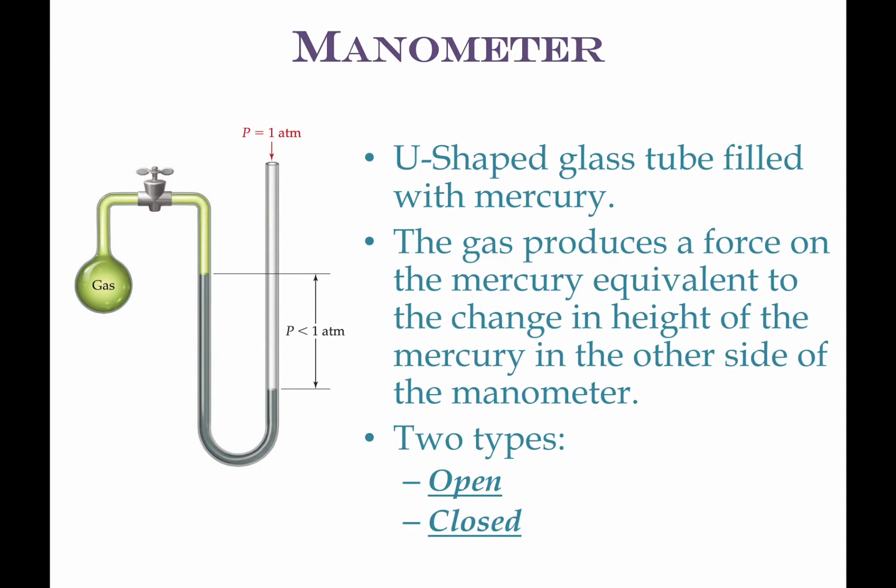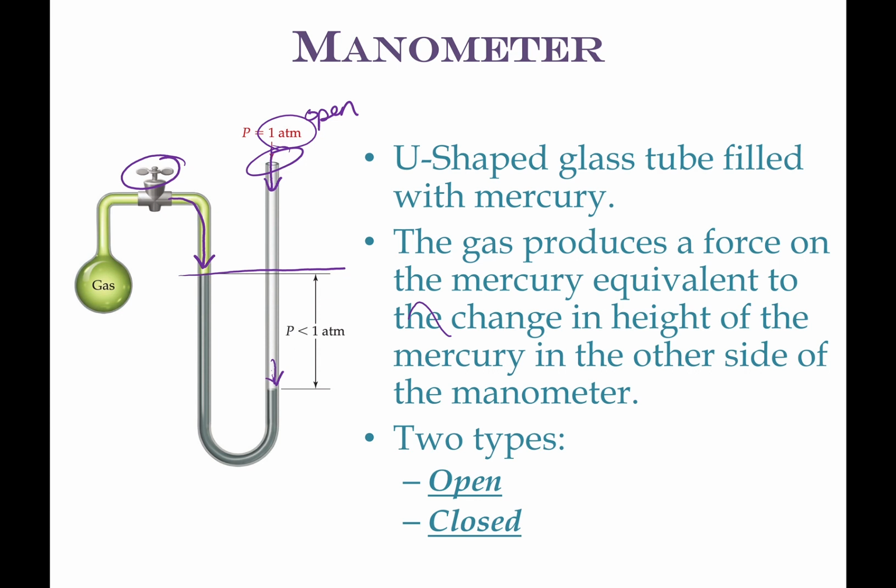This is a manometer. This is an open manometer because it's open to atmosphere. There's no vacuum here. It's not sealed. So the pressure of the atmosphere is pushing down here. Atmospheric pressure pushes down, and the gas sample pressure is pushing down on the other side. I can look at this and say, well, the pressure of the gas must be less than atmospheric pressure of 1 atmosphere because this is being pushed down further.